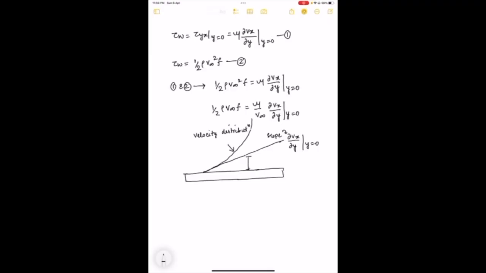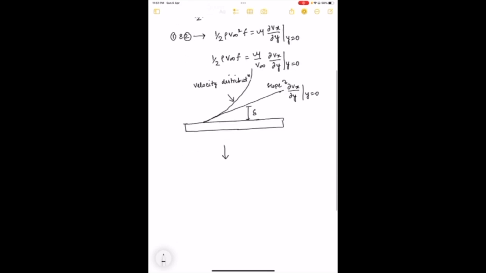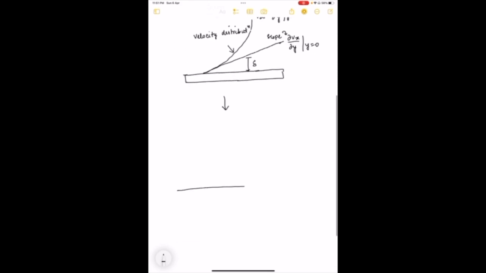We have the film thickness, or laminar film thickness, delta. So this is the ideal case. The actual case for this momentum transfer is, say this is our delta, the laminar film thickness.